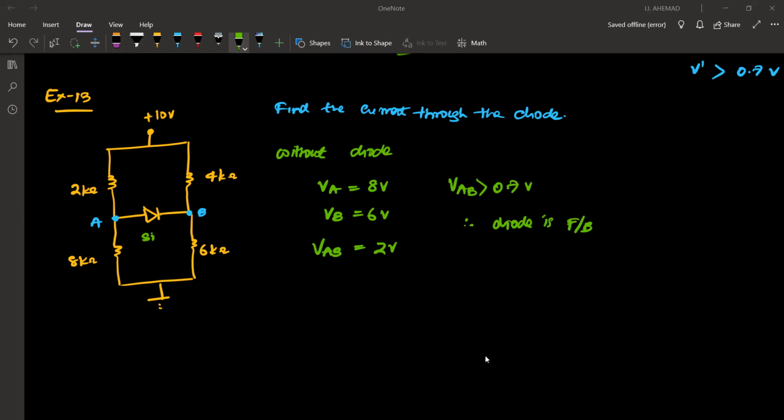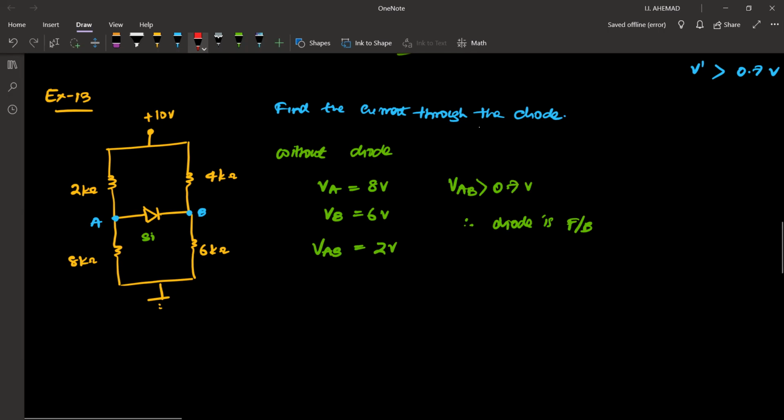Now, to find the current, we will have to use the nodal analysis because any other method is hard. Let's try using the nodal analysis.